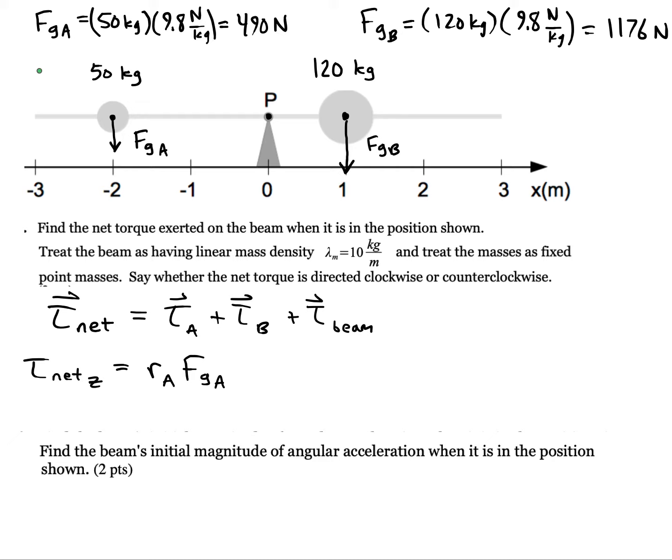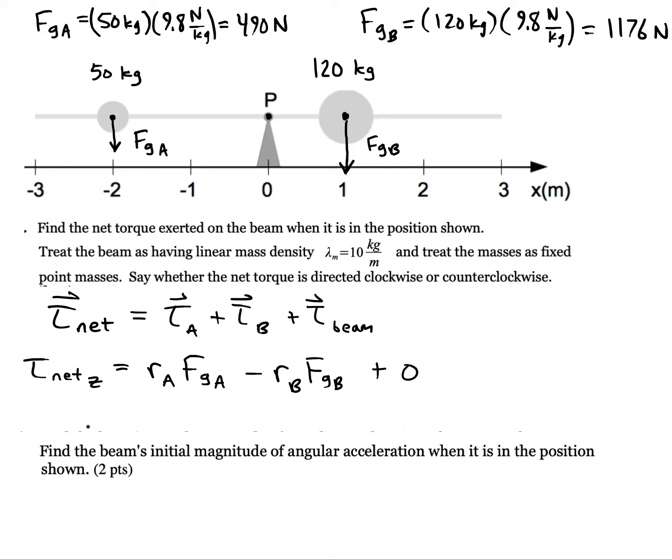A would make our beam want to angularly accelerate in the positive direction. So this one can stay positive. For B, though, it alone would make our beam want to angularly accelerate clockwise, so we have to make that a negative. So minus RB FGB. And then for our beam, it's just 0.